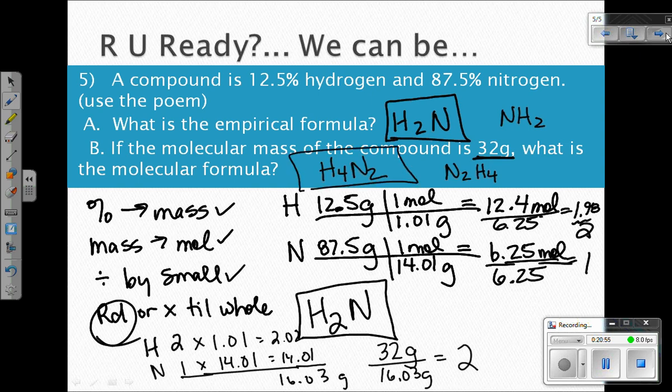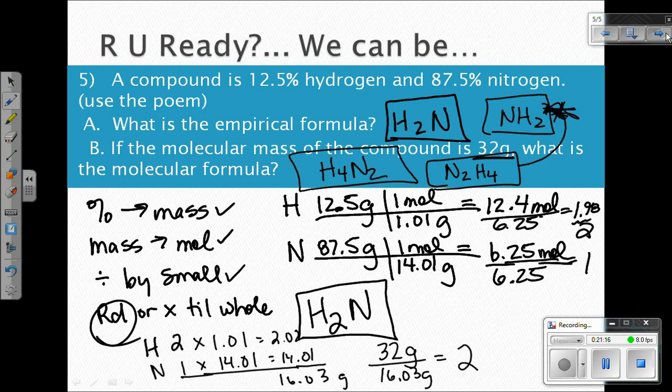Those would have been the same thing. This up here is the empirical because it is the lowest ratio of those subscripts. Down here, these are multiples. I can divide both of them by 2, so that makes it a molecular formula.